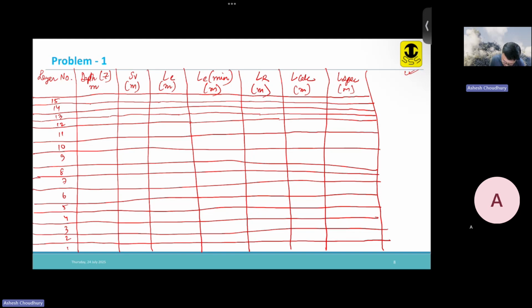Now depth is what? First layer 0.65 meter, right? Then 1.3, meaning 0.65 plus 0.65, then 1.8. See, here the spacing is 0.65, 0.65. Then next my spacing becomes 0.5 for 4 layers.